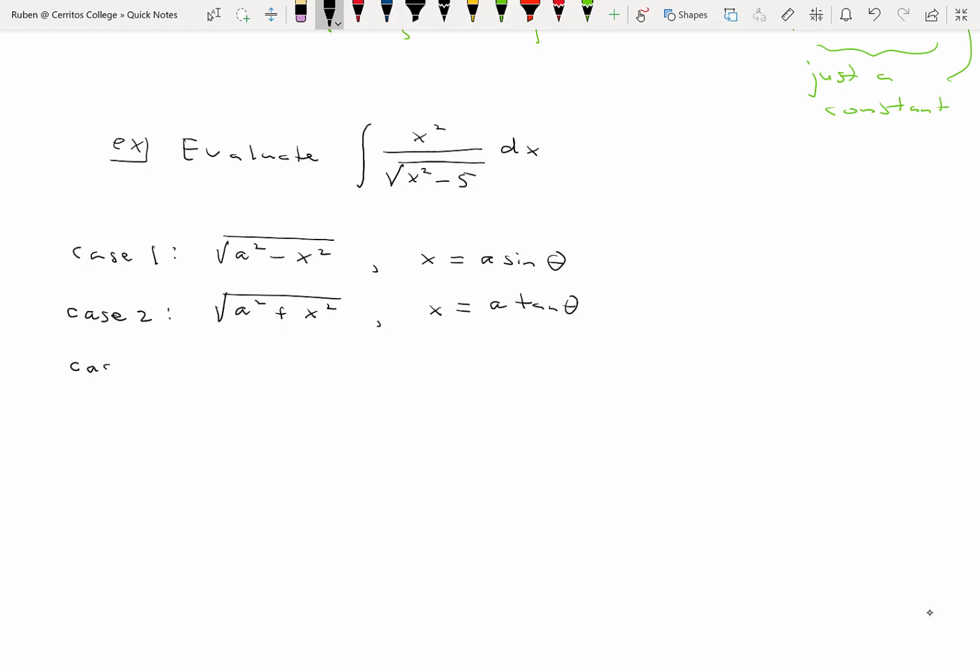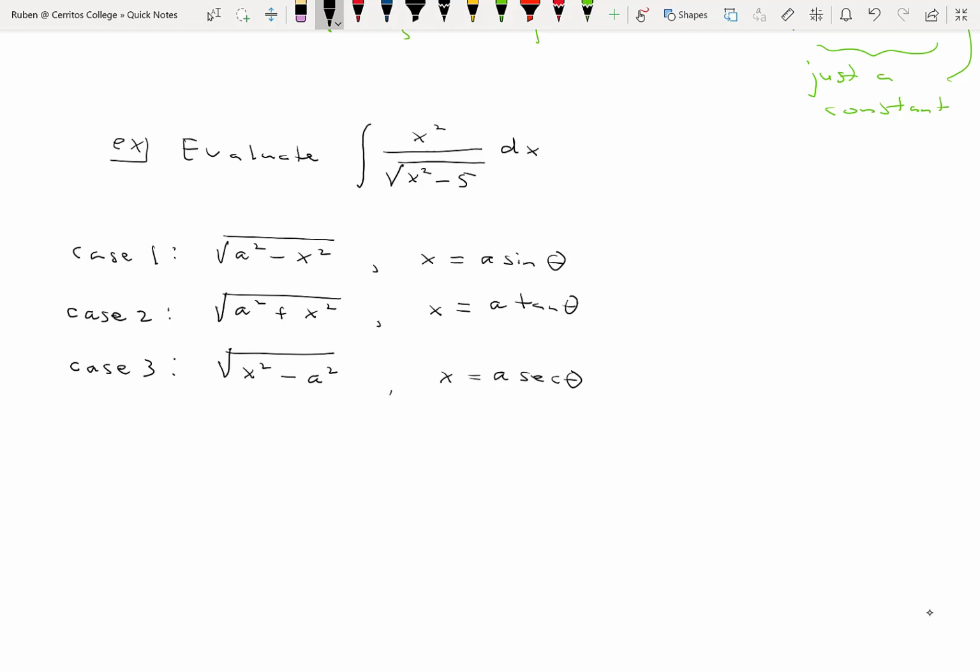Our last case, and our example above is an example of our last case: not a squared minus x squared, that was our first case, but x squared minus a squared, so the variable comes in first. Well, the substitution is going to be x equals a secant theta.